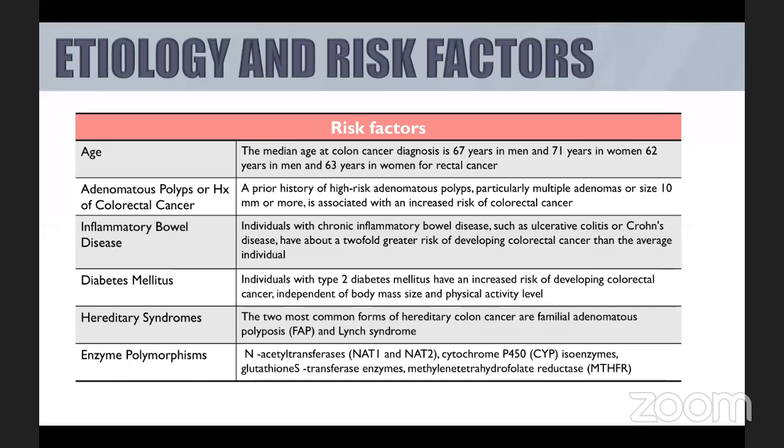Keep this in mind, because at the end of the presentation we're going to compare with our local data in Saudi Arabia, and I want you to see the difference. Other risk factors include development of polyps, which is mainly the start of the tumorigenesis of colorectal cancer, inflammatory bowel disease, diabetes mellitus as a chronic disease, and hereditary syndromes like FAP or Lynch syndrome.